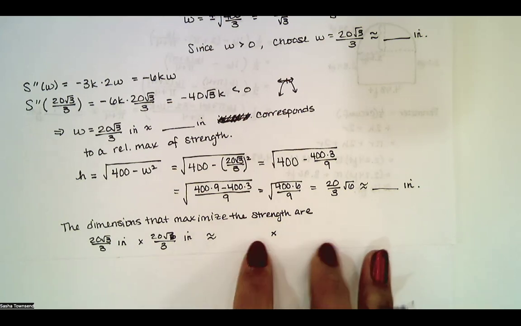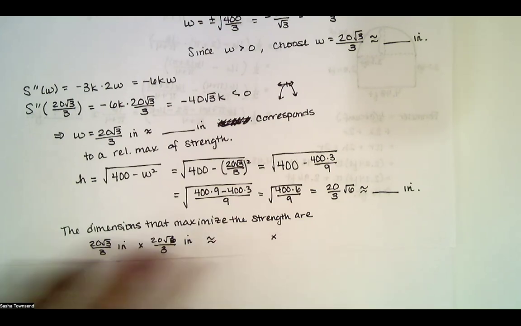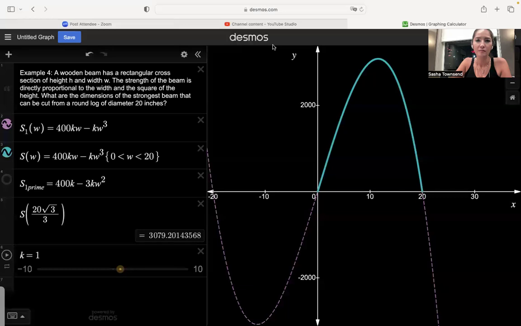It's just the decimal approximation of those numbers. So let's look at this on Desmos.com and see what it looks like.